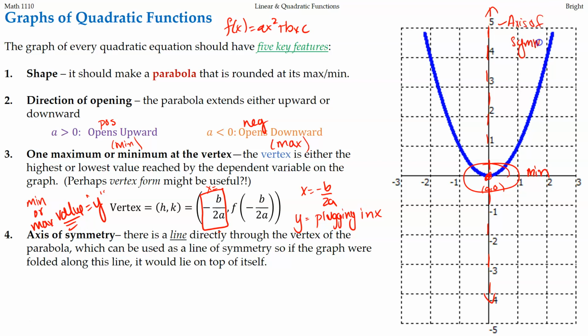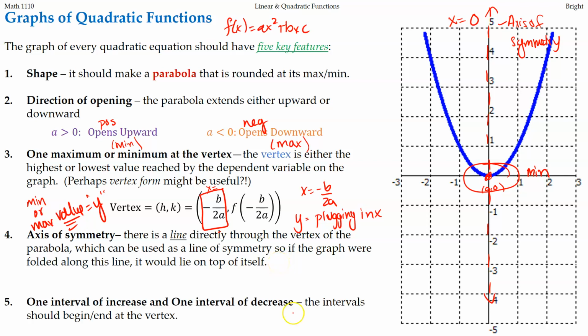It's a vertical line, and every vertical line has the form x is equal to some number, in this case 0, but it's just going to be the x coordinate of your vertex. So it's going to be x is equal to minus b over 2a, or x is equal to h. Same thing, so be aware of that.